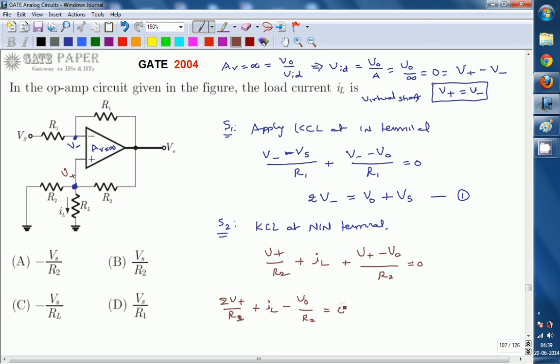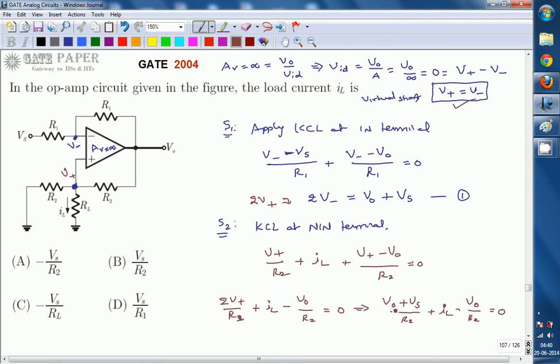Now use equation 1 for V plus. Because of the virtual short, the voltages at the inverting and non-inverting terminals are the same, so V plus is equal to V minus. So we can write V0 plus Vs as 2 times V plus. Replacing 2 times V plus with V0 plus Vs, we get (V0 plus Vs) divided by R2 plus IL minus V0 divided by R2 is equal to 0.